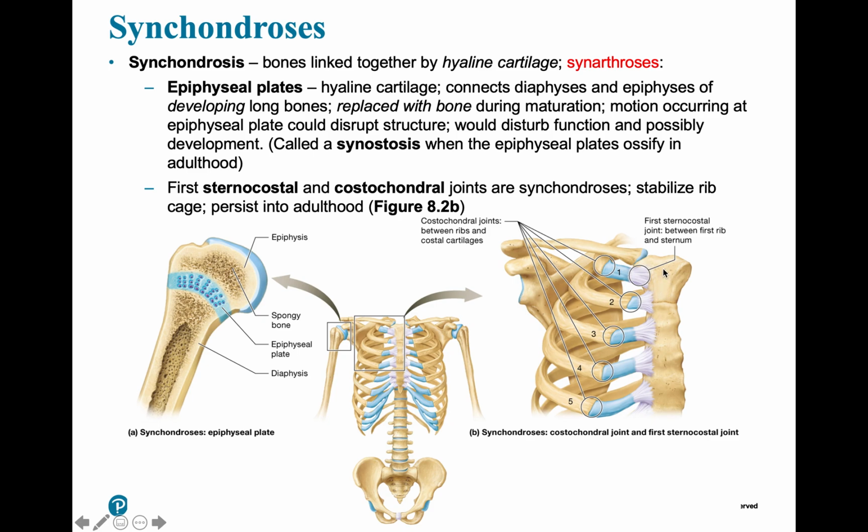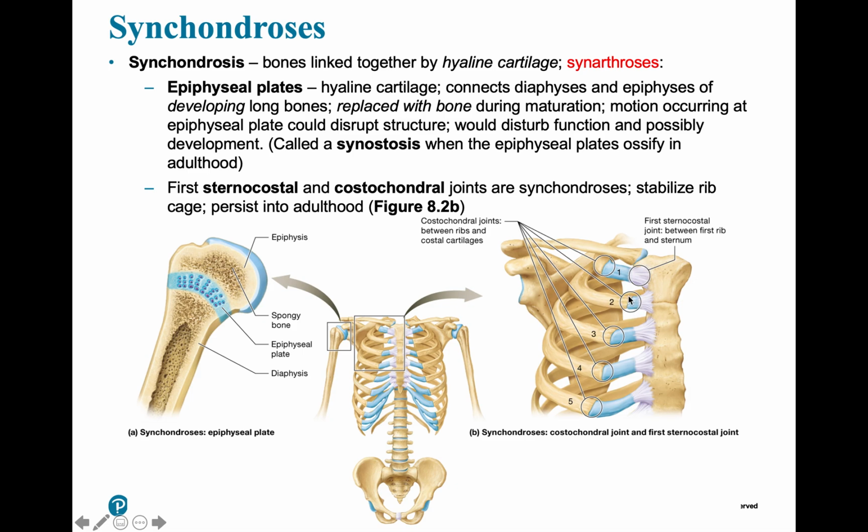And the reason for that is because we need at least one of the ribs to anchor kind of the entire thoracic cage together, to kind of anchor it all in place. So this joint between rib 1 and the manubrium is the most stable of all of the rib to sternum joints, and it's to anchor the thoracic cage in place, right?